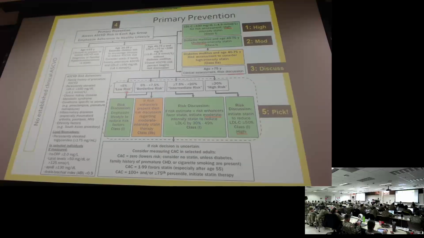So what you see here is you have less than 5%, 5 to 7.5%, 7.5 to less than 20, and then greater than or equal to 20. Now, your low risk, less than 5%. This is just a conversation that you're having with a patient, okay? When we look at this, we're always enforcing lifestyle modifications. Are they eating right? Are they still exercising?